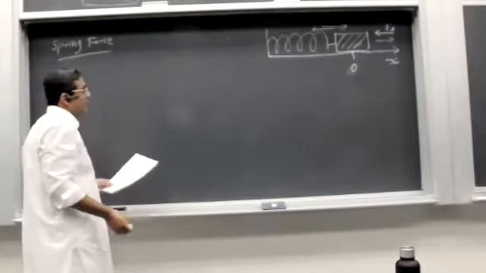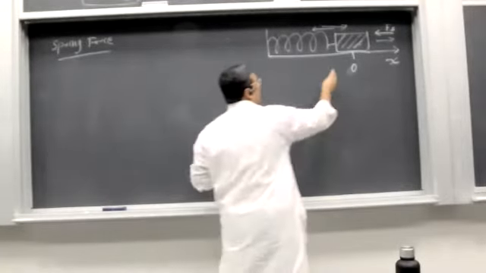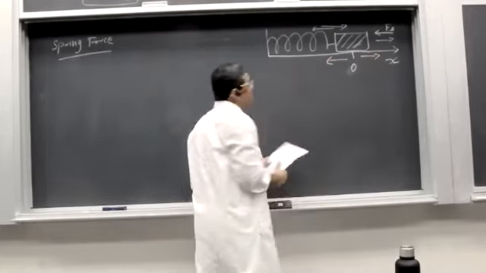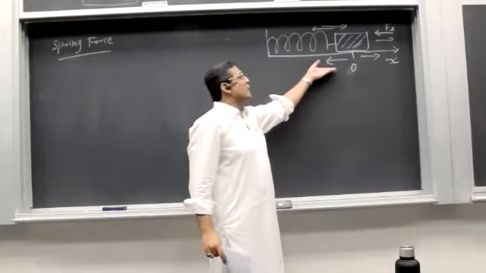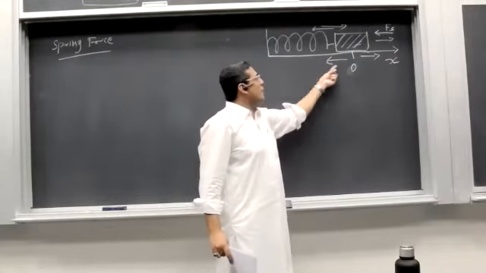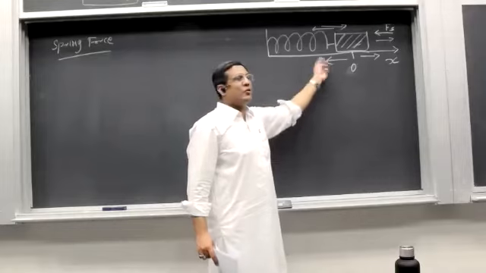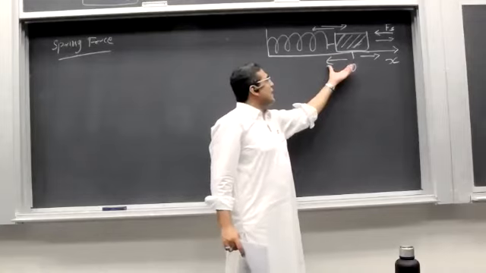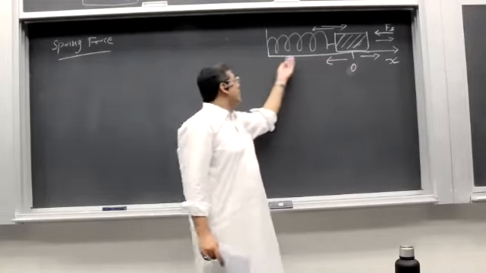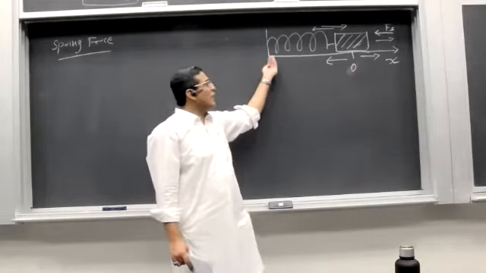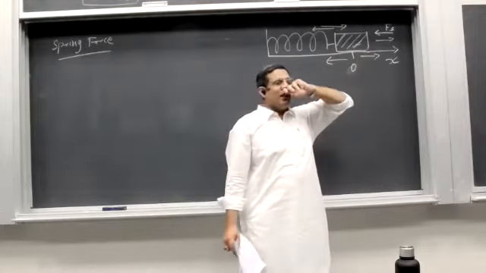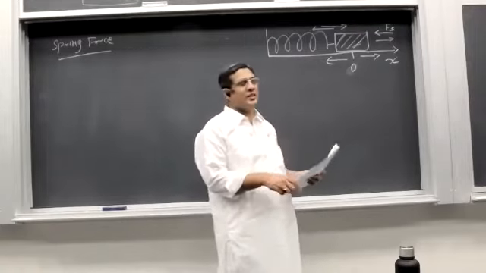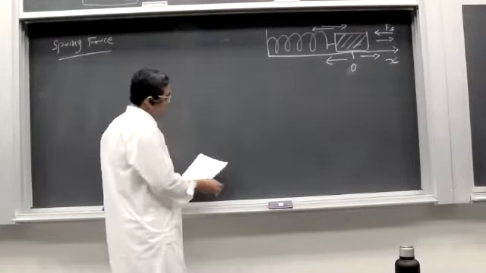The second aspect is the displacement from this natural position, sometimes also referred to as the mean position or the average position. If you're not too far away, because once you go too far away things become more complicated, and if you stretch the spring too much it never comes back because the material yields and its internal structure changes.